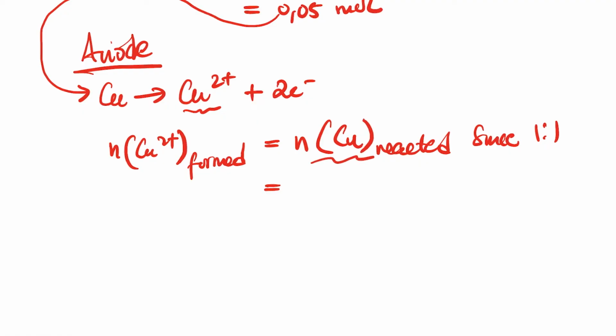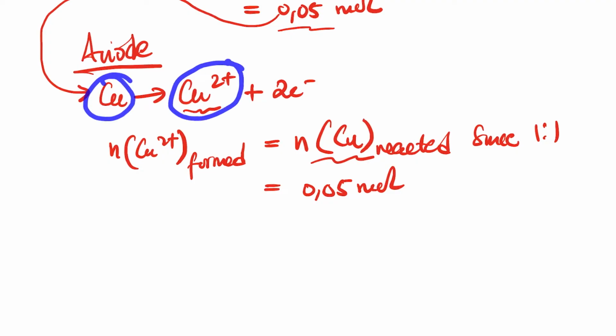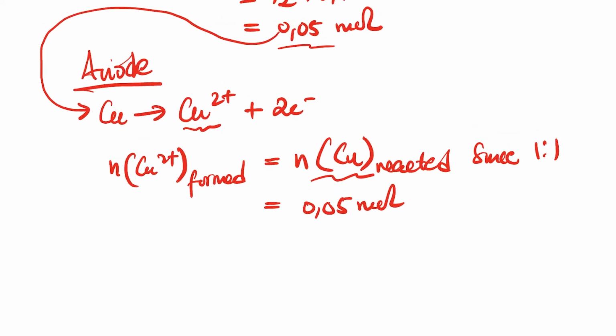The copper that reacted is going to be 0.05 mole. So the copper ion that is formed when the copper oxidizes is the same as the copper that reacted, because the mole ratio is 1:1.